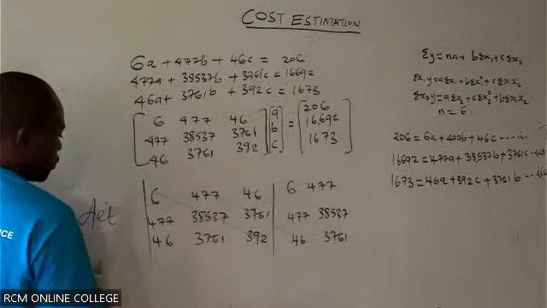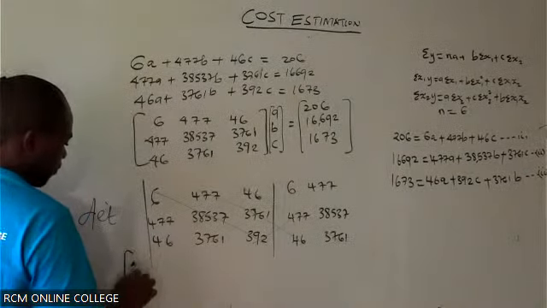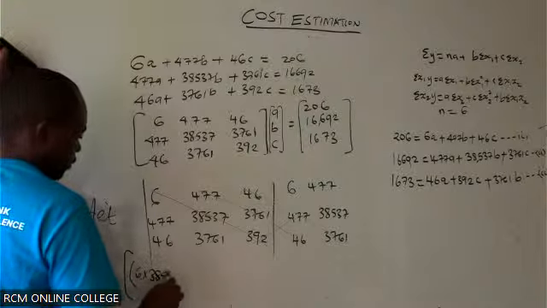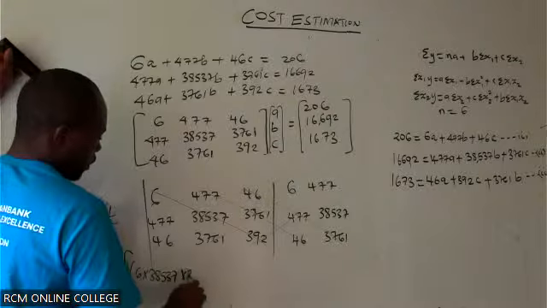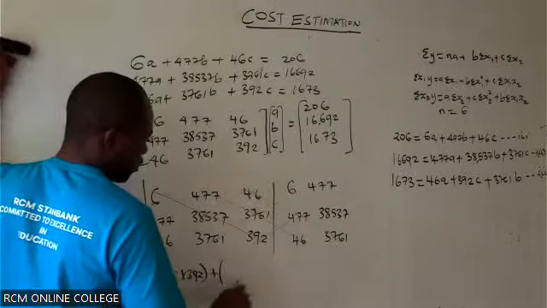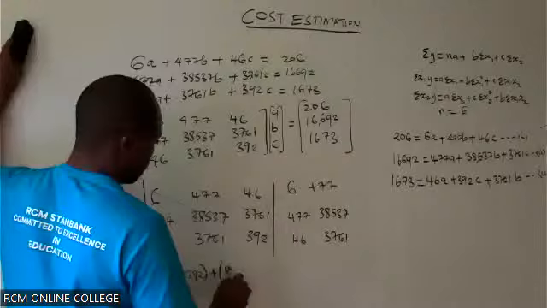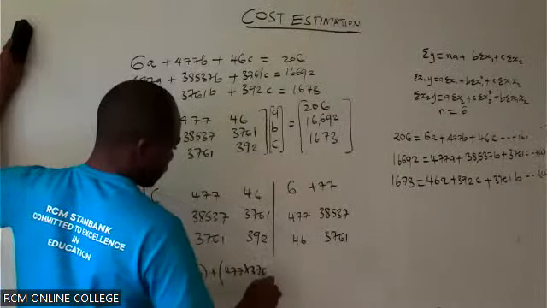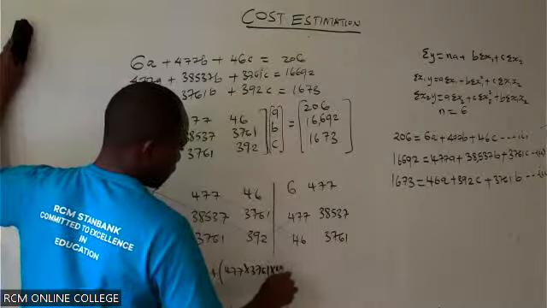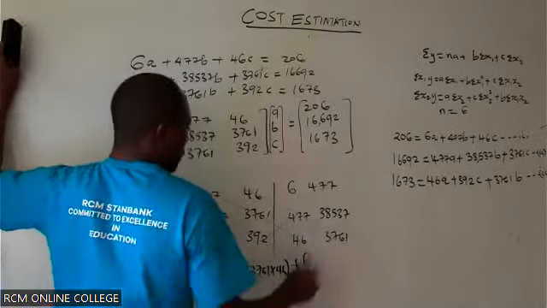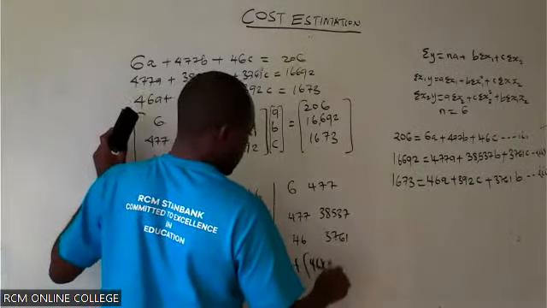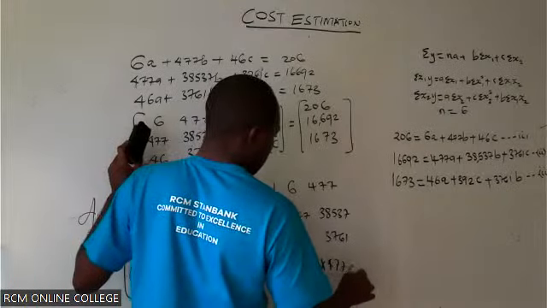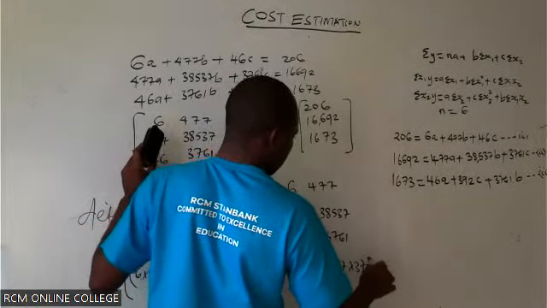So this is what you are going to do. You'll take 6 by 38,537 by 392, plus 477 by 3761 by 46, plus 46 by 477 by 3761.